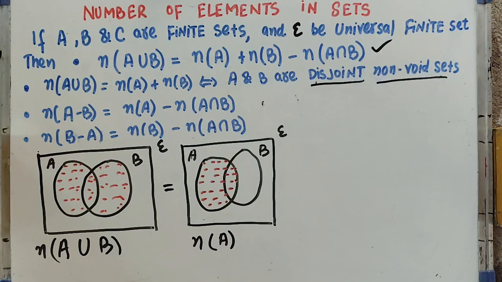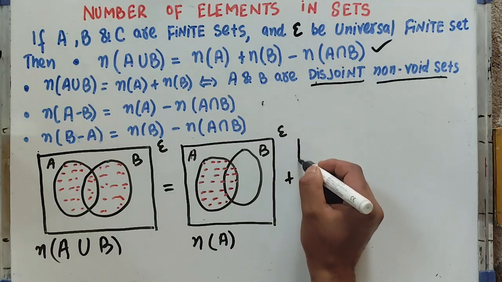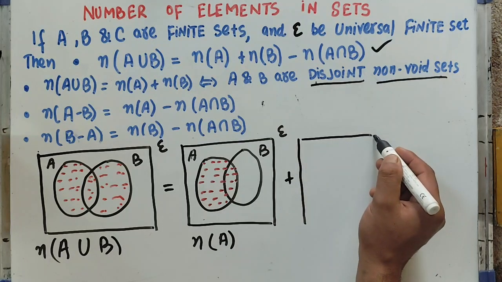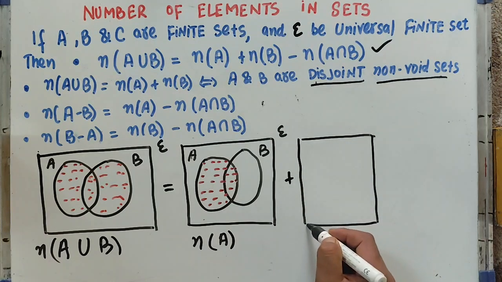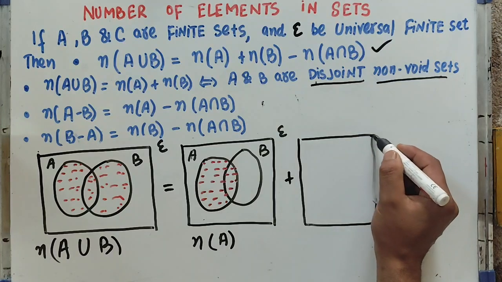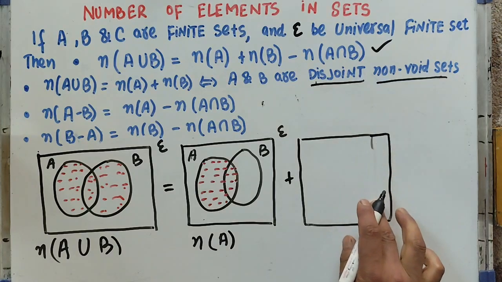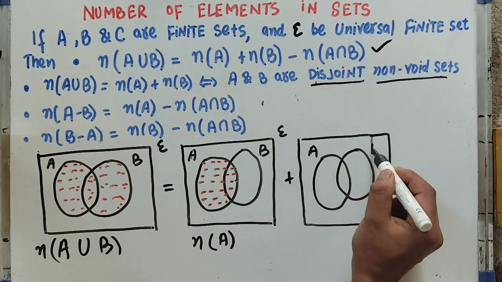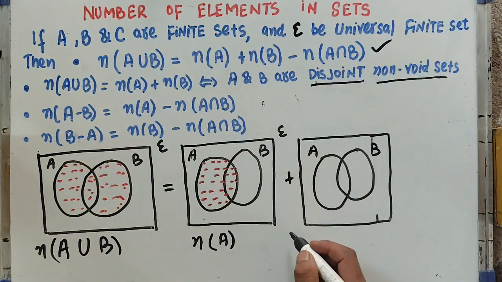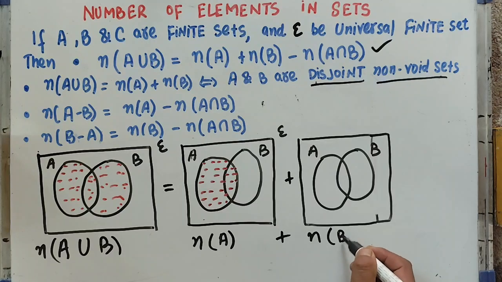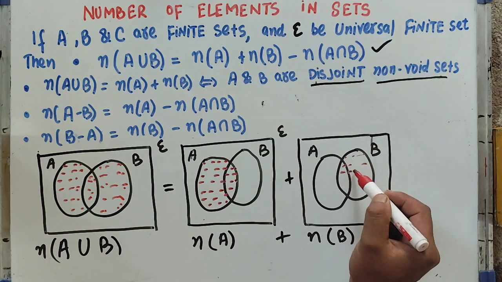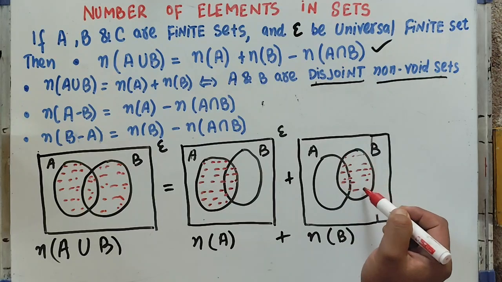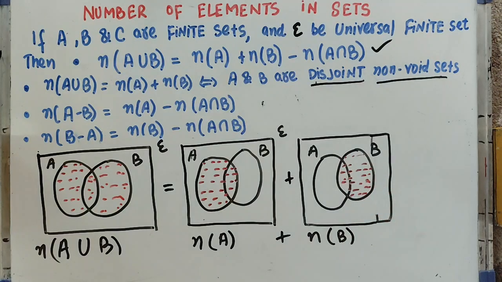Plus, again we have two sets, A and B. It will be equal to the number of elements in set B. Obviously this time we shade this very region. Okay, from that we subtract the common area.